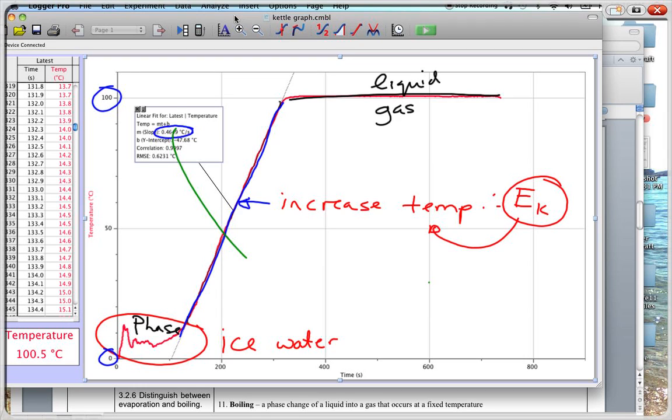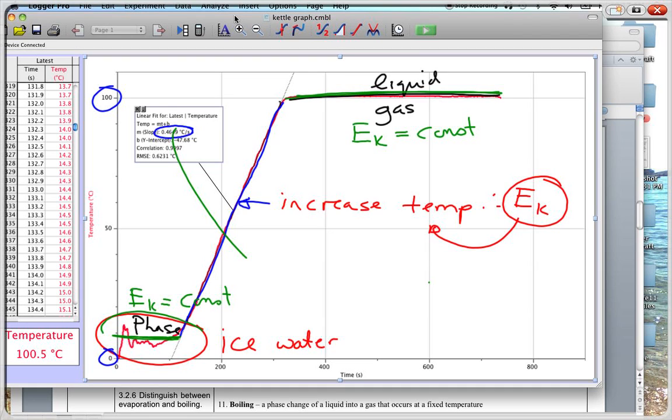But in these cases over here, you'll notice that your temperature is not really changing during the phase changes. So during your phase changes, your temperature remains pretty constant. And so here your EK remains constant.